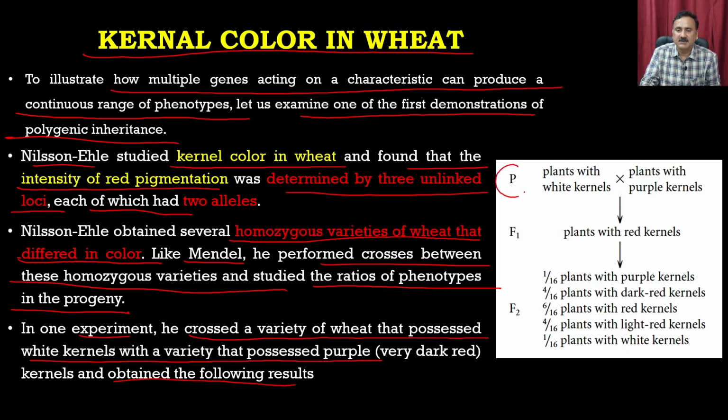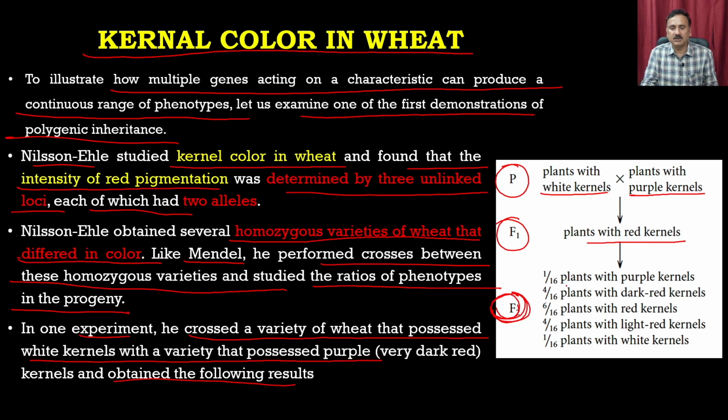This is the parent generation, where you have the plant with the white kernel and the plant with the purple kernel. Remember that. Then in the F1 generation, you have plants that show red color kernels. In the F2 generation, there will again be assortment.